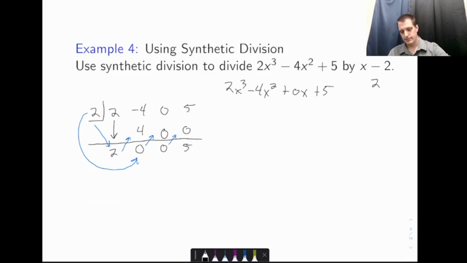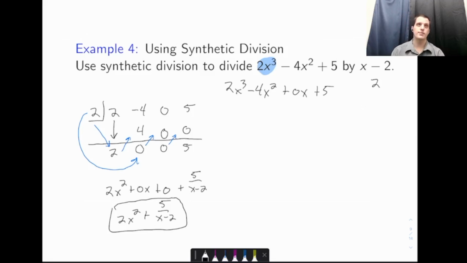Okay, so here's the thing. Our power of x was x cubed. So when we rewrite our answer, it's always going to begin 1 power of x lower. So we're going to get 2x squared plus 0x plus 0 plus 5 over x minus 2, or simply just 2x squared plus 5 over x minus 2.